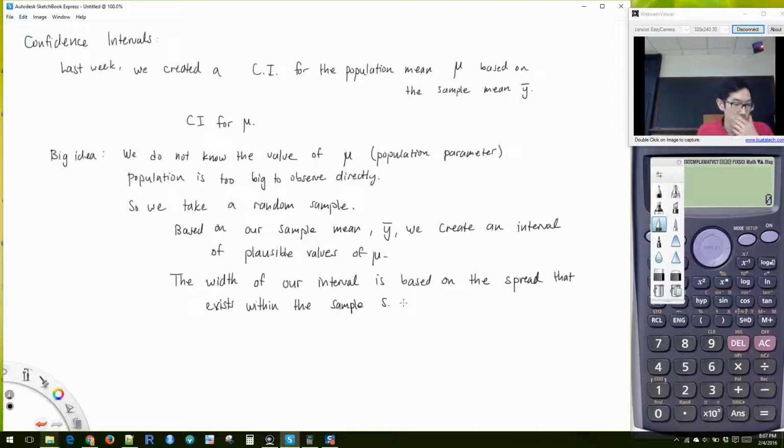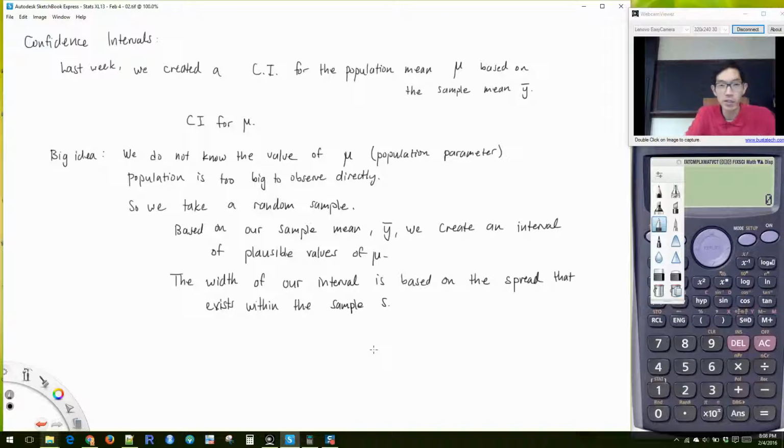All right, and so our formula for a confidence interval is centered at y bar.